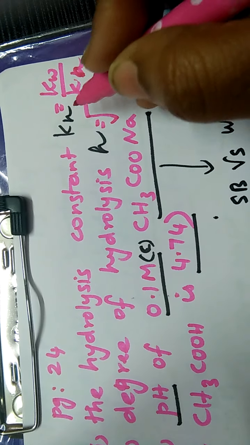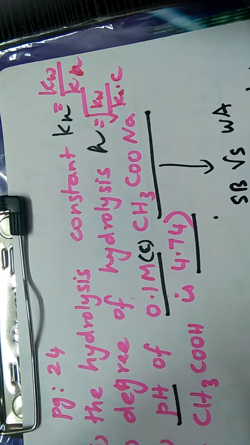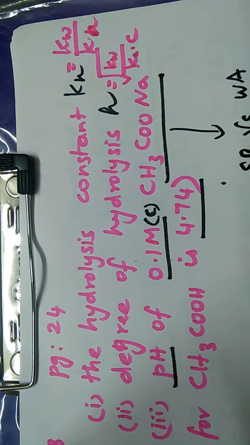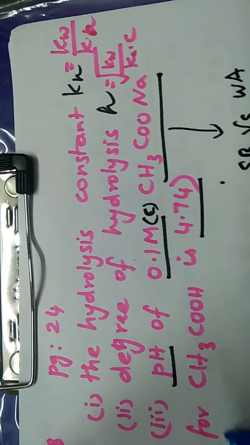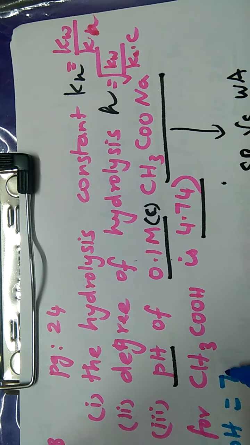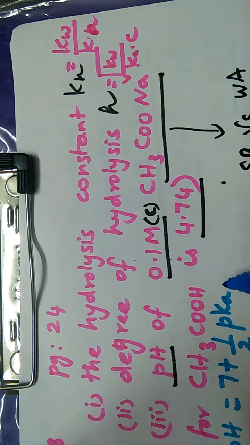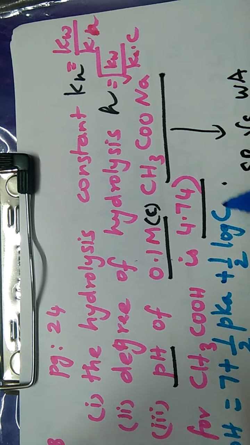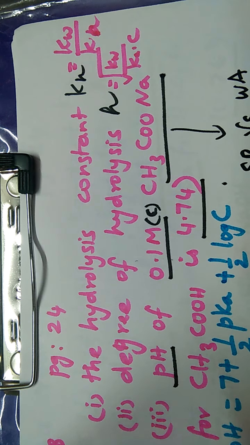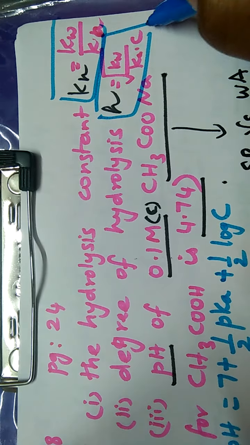H is equal to root of Kw by Ka into C. What is pH? pH is equal to 7 plus half pKa, because weak acid is involved, plus half log C. So we know the formulas for all three, and we have to work them out.